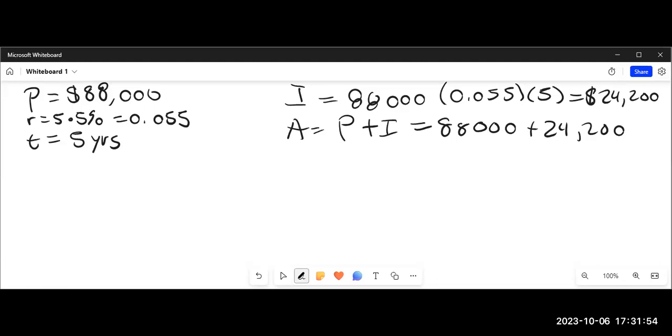Let's add that. I get that they owe a total of $112,200 to the lender at the end of the 5 years.